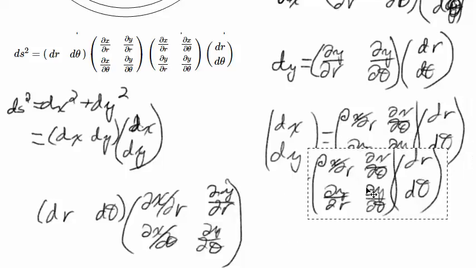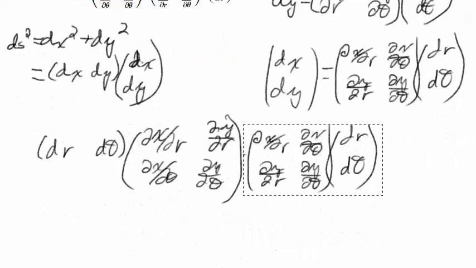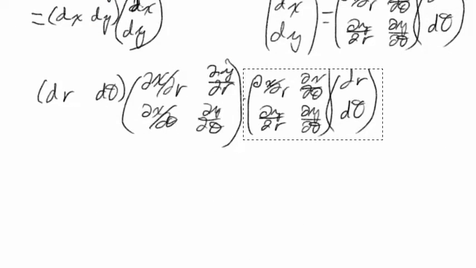And because I have cool software, I can actually just pull it down like that. And that should be what I have up here. Del x del r, del x del theta, del y del r, del x. Yep, okay. So now, how would I write that in Einstein notation?